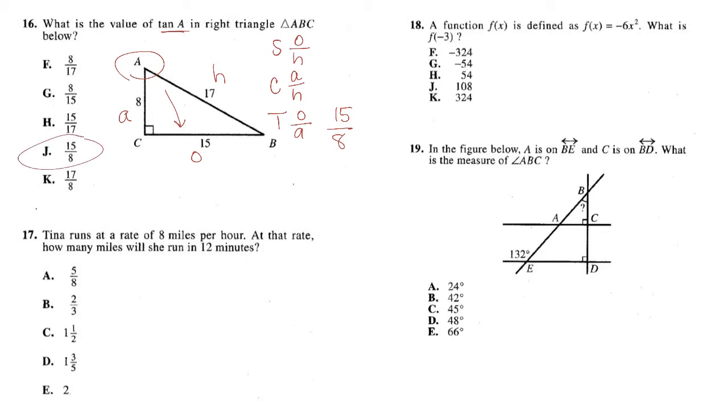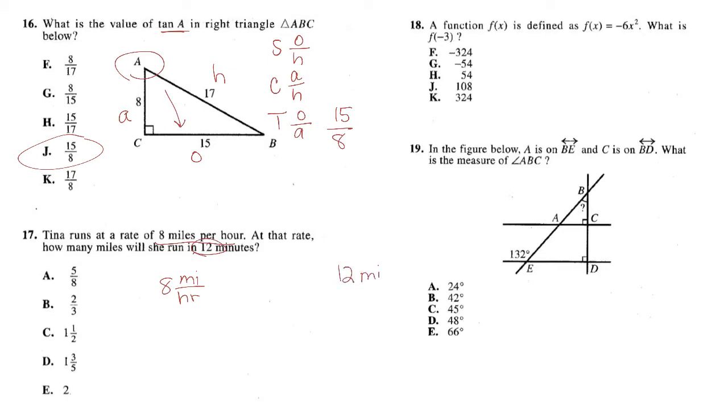Okay, so looking at number 17, we have Tina that runs at a rate of 8 miles per hour. But I want to know at this rate, how many miles will she run in 12 minutes? So for 12 minutes, I need to convert that.